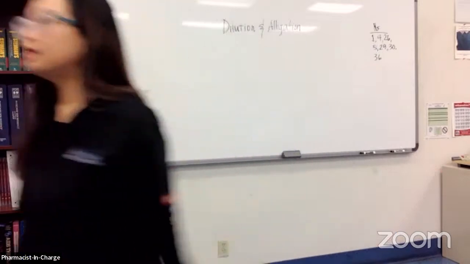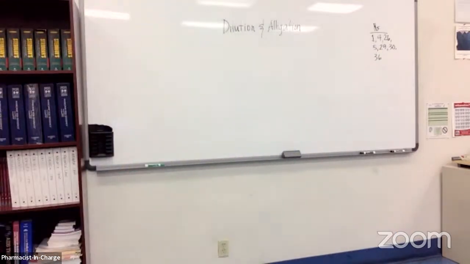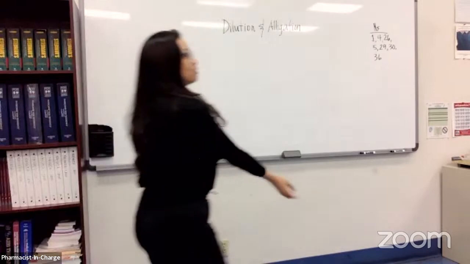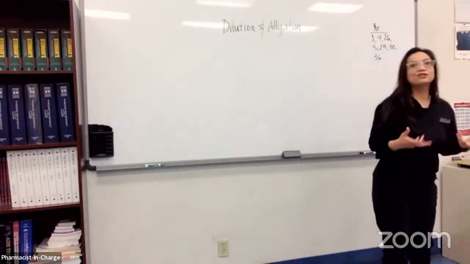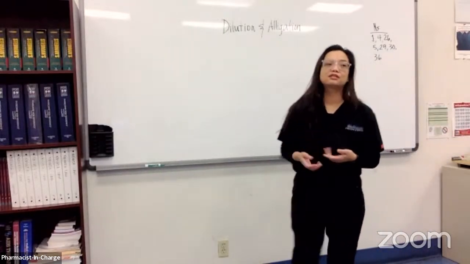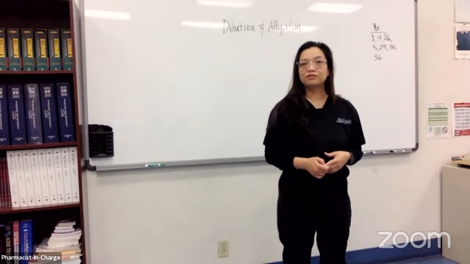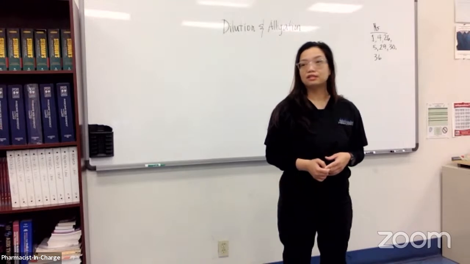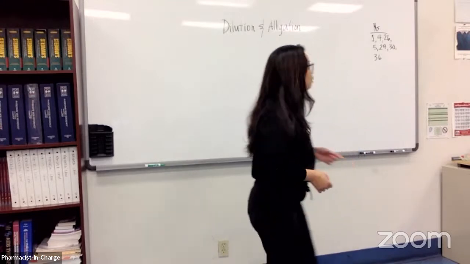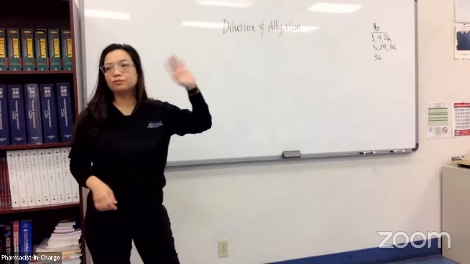Okay, yesterday we talked about percentages as a measure of strength or concentration of a drug or a substance. Percentages are the foundation for dilution and alligation calculations. I want to differentiate dilution from alligation first.